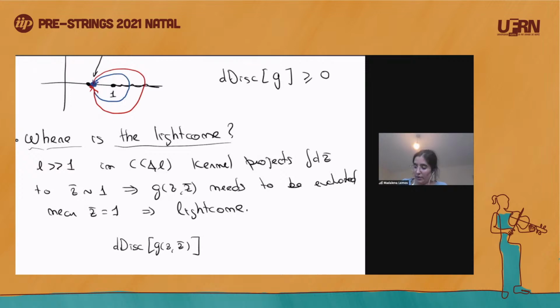And what I should do instead is represent the correlator by its T-channel. So here you write G of Z, Z bar in a T-channel expansion, just like we were doing in the light cone bootstrap.